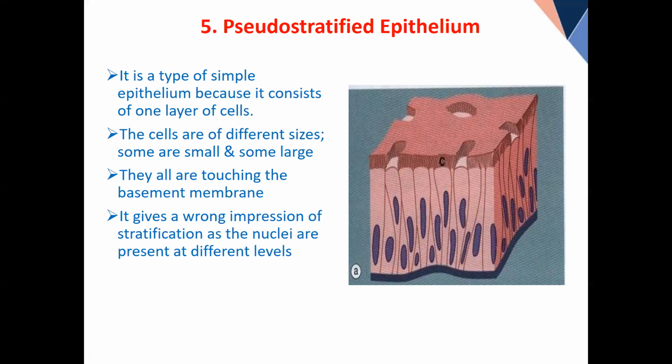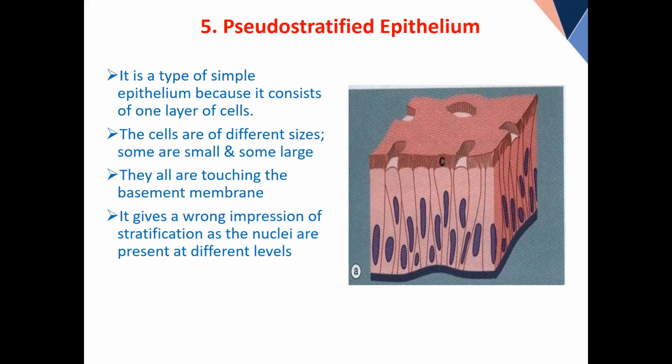Here you have to apply the information that I gave you on the very first day, that when we see these cells under the microscope, plasma membranes are not visible. When plasma membranes are not visible, it appears as if the nuclei of different sized cells are present at different levels, and it appears as if they are arranged in layers.